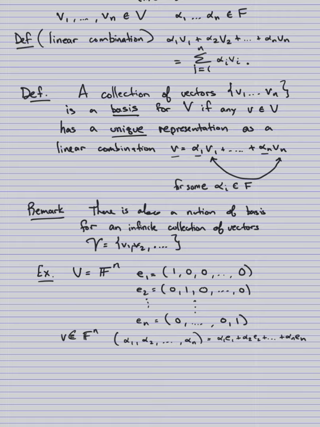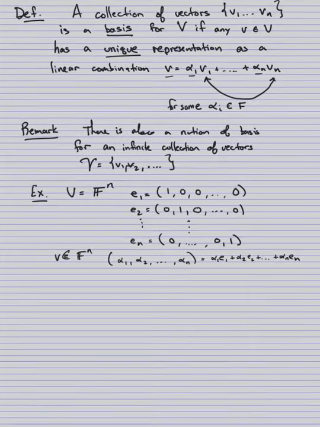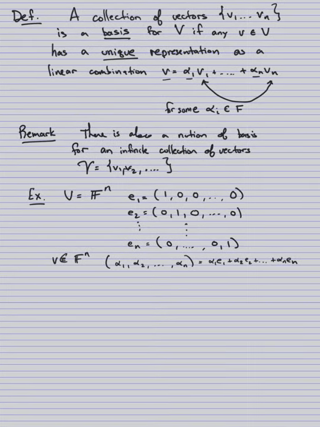Okay? So the alpha i's are the coordinates of the vector v with respect to the basis vi. This is the definition, or the terminology.